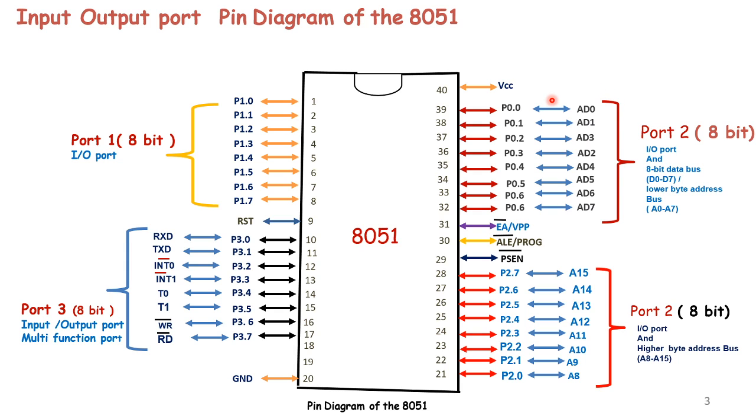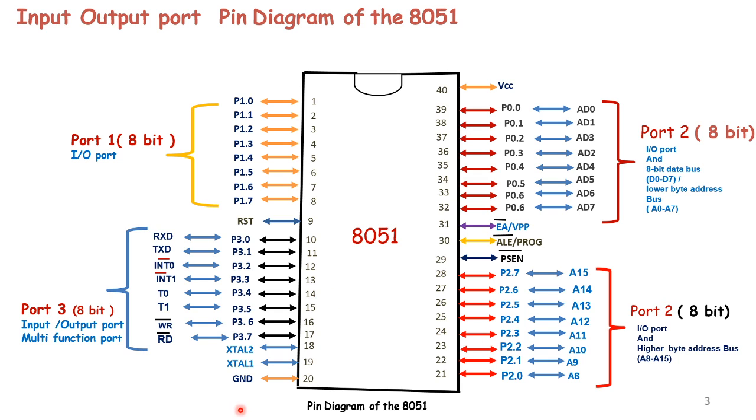So these are the 4 different ports: port 0, port 1, port 2 and port 3. Each port has 8-bit capacity. Let us discuss the clocks.